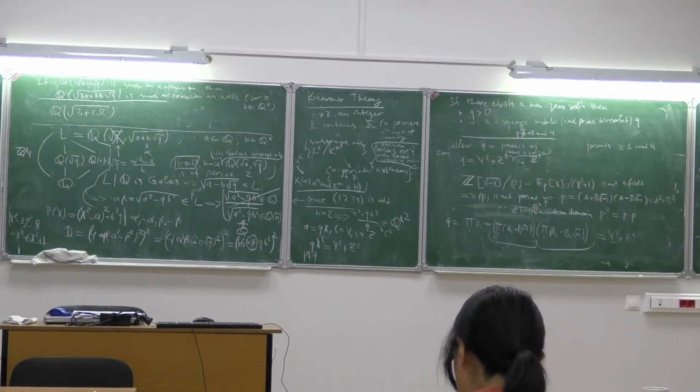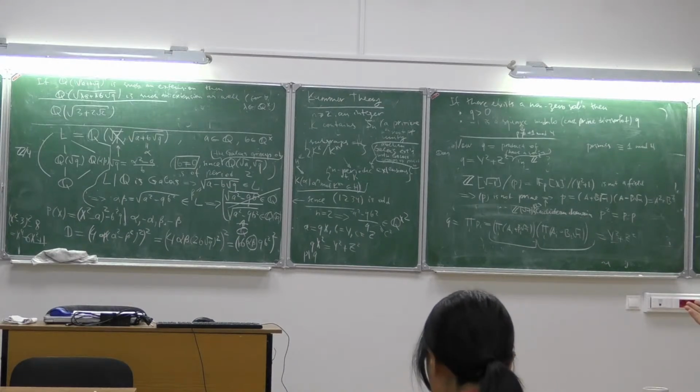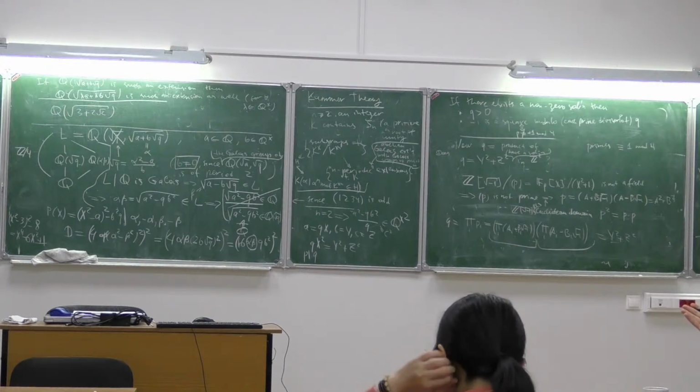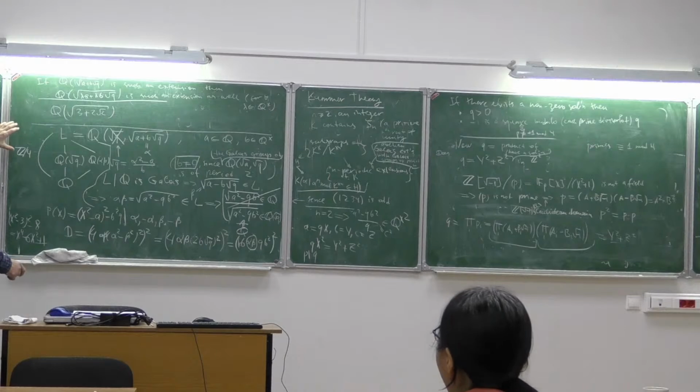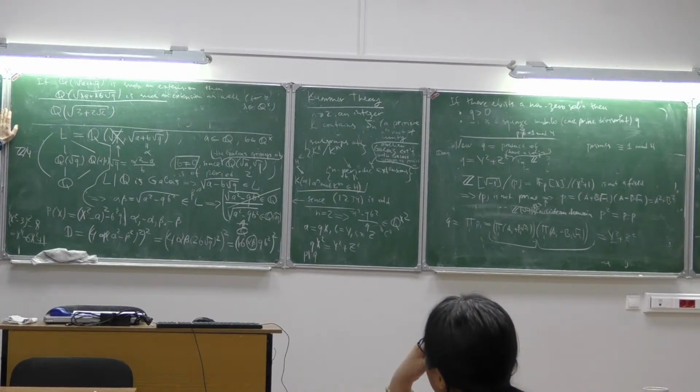But we know now that the discriminant is not a square. So you see, what are the options for this group, for the Galois group?